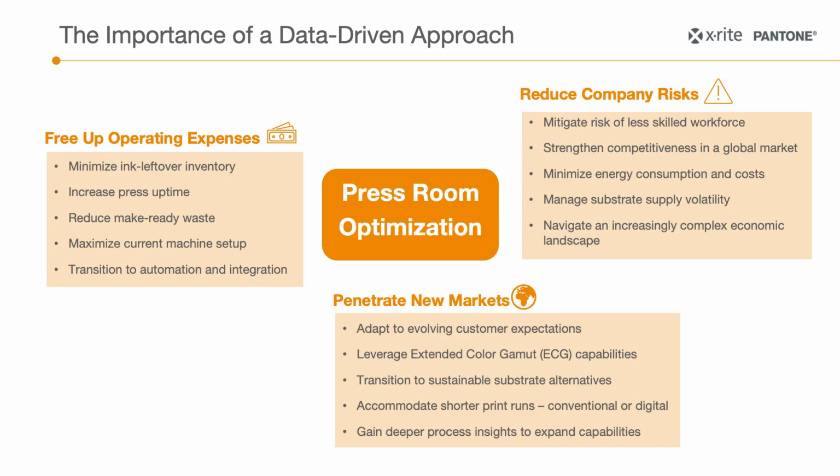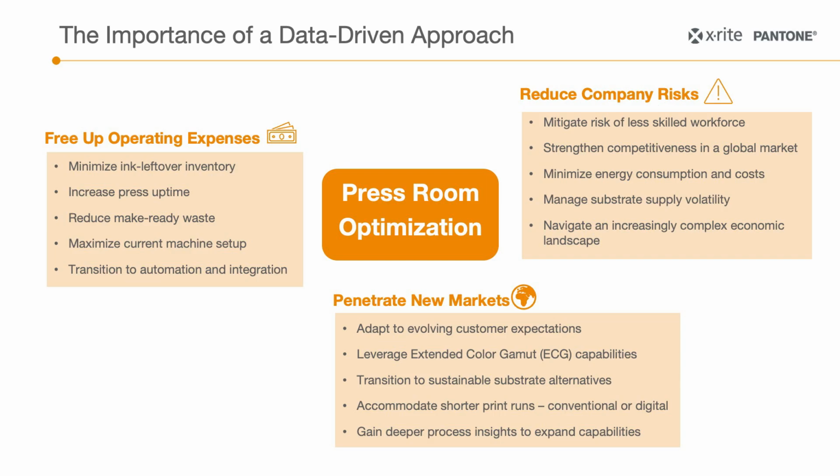And the good thing is, of course, that when we look at the press room and we are able to optimize your press room, the productivity, reducing costs, that would help you to overcome some of these challenges. And what does that do? An optimized press room, of course, frees up operating expenses. You will have less ink leftovers.